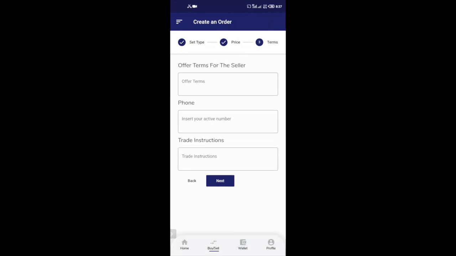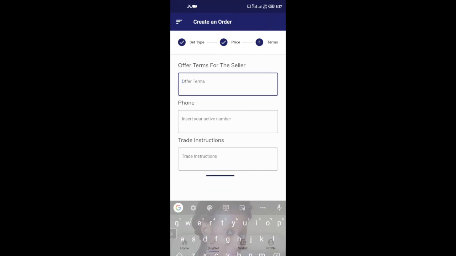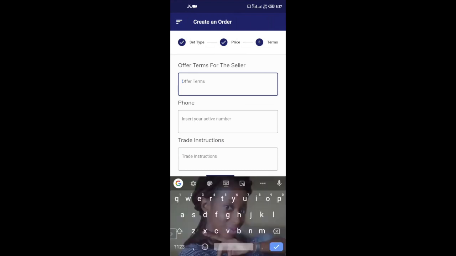Okay, next, then you offer your terms. For example, I'm offering my terms, the condition to the seller, and I'm saying send coin first. Okay, this is my terms.